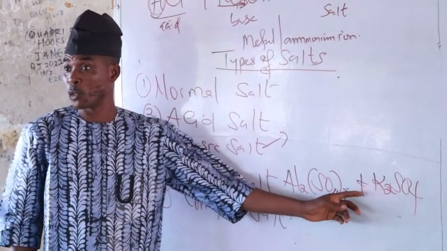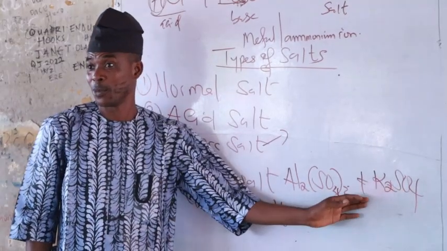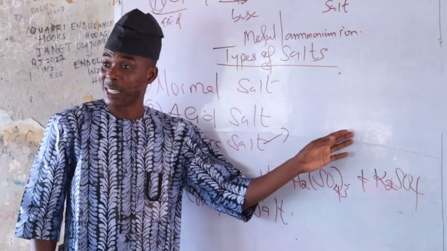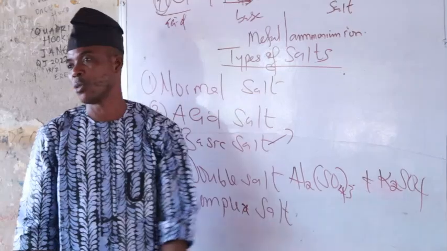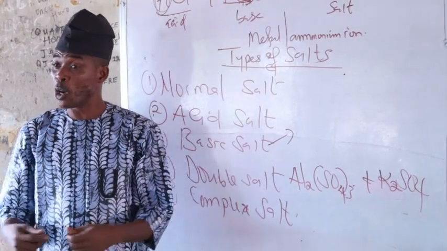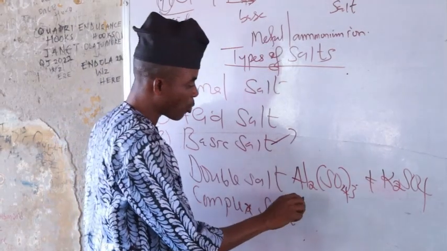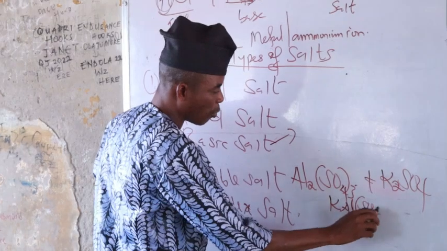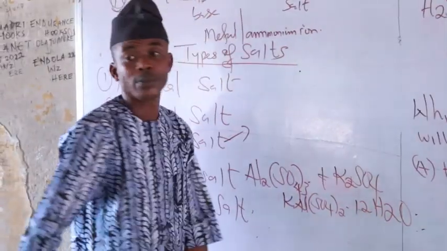What is common to both salts? So that means they have the same anion. So when these two mix together, the salt that will form is going to be what? The salts you want to mix must have the same anion. And when the two are mixed together, you are going to have KAl(SO4)2.12H2O.